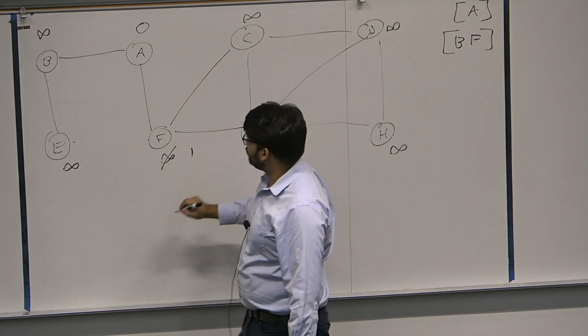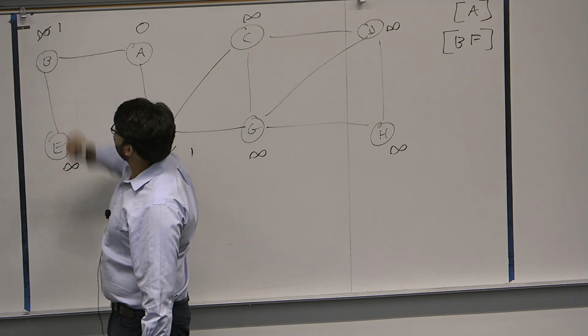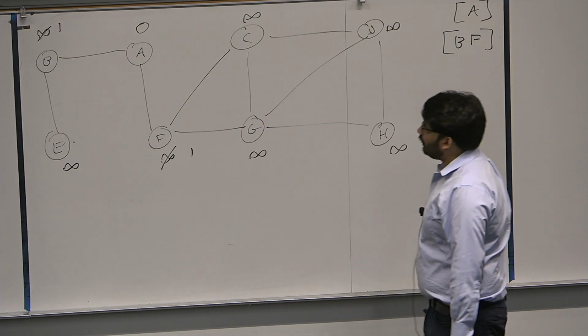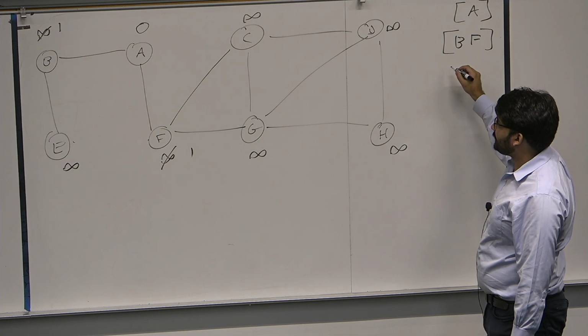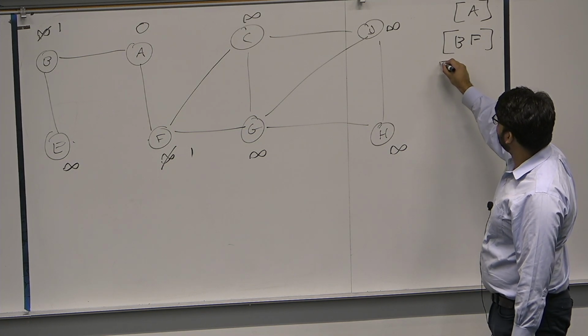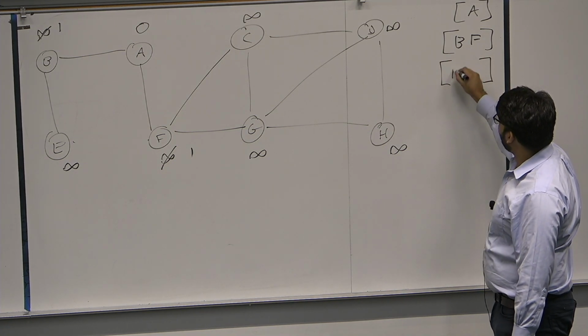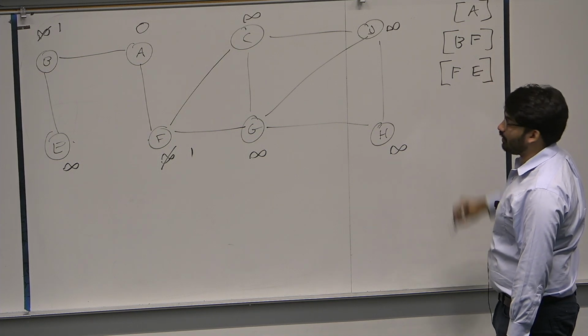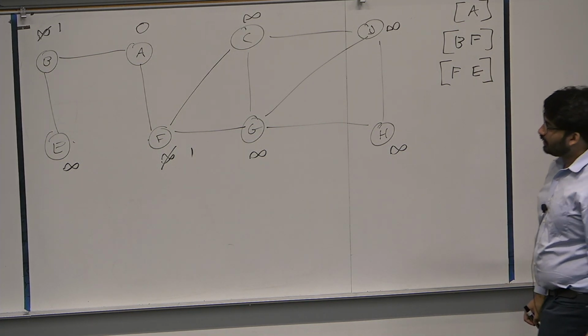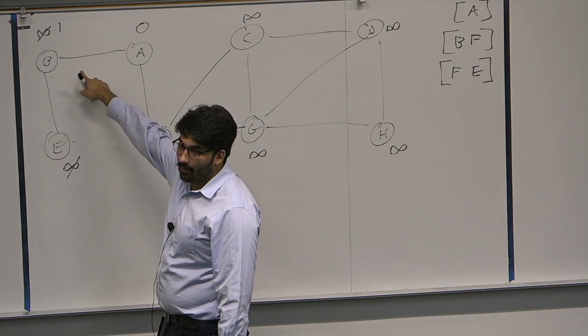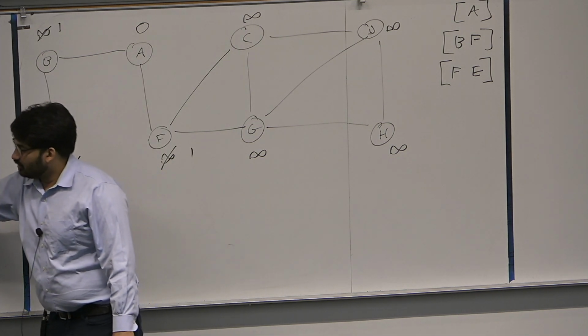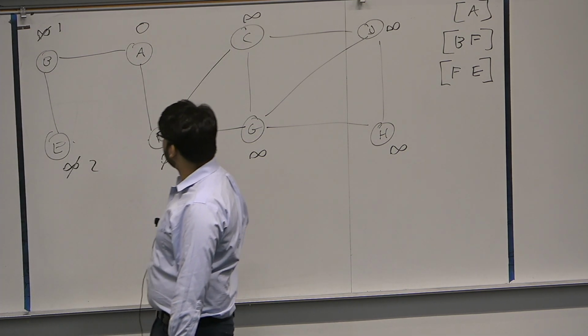So it's going to just be distance 1. Now we're going to pop B off the queue and append its children. So F moves forward in line, and then E is added to the end of the line. E is going to have its distance updated to be the distance of the thing it's coming from plus 1. So that's going to be 2.